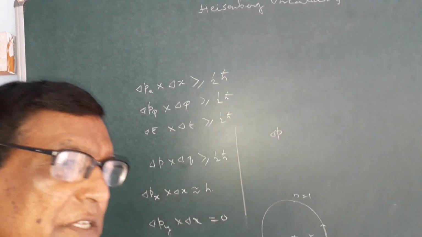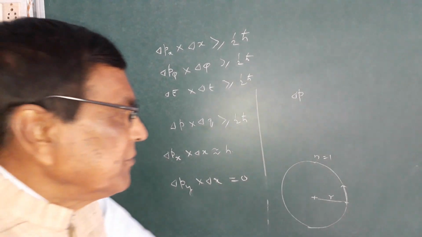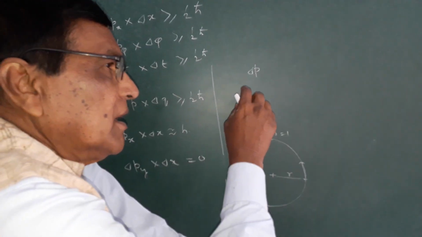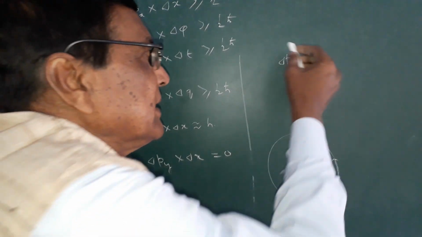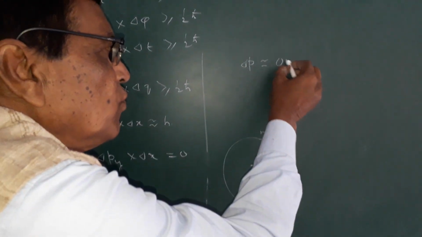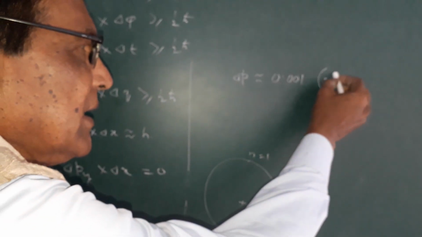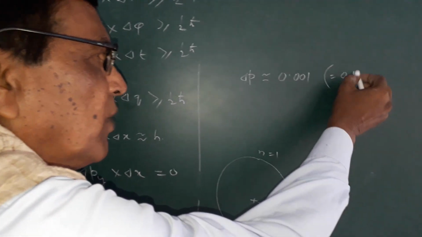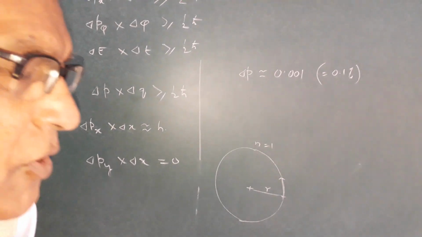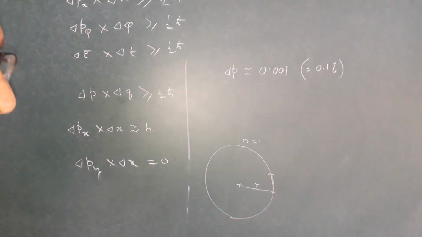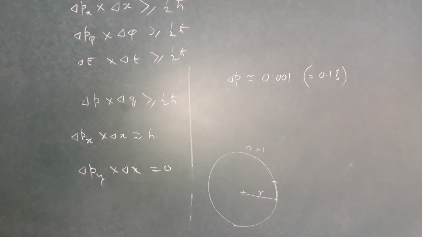If we consider the delta p momentum error to be about 0.001, or say equal to 0.1% in determining the momentum, this is the error of this momentum.